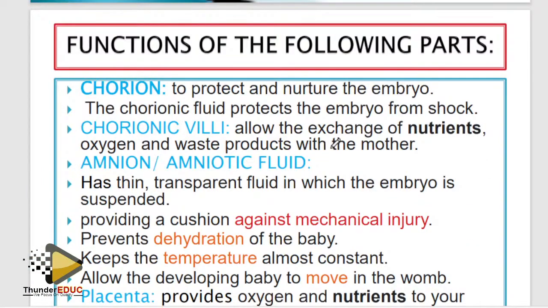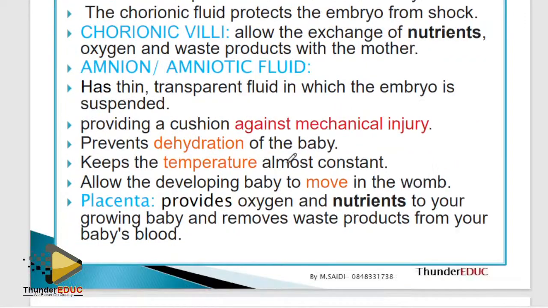Chorionic villi, amniotic fluid. Please go when you know the function of the amniotic fluid. Functions of amniotic fluid: prevents dehydration, keeps temperature, and allows movement of the baby. Guys, there is this thing whereby students say that amniotic fluid is responsible for nutrients. Guys, you will get a big 0. Stop saying that. I don't know where you got it from, because no one has ever said that in any book.